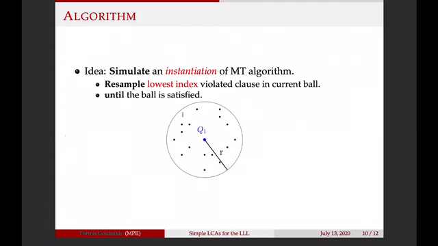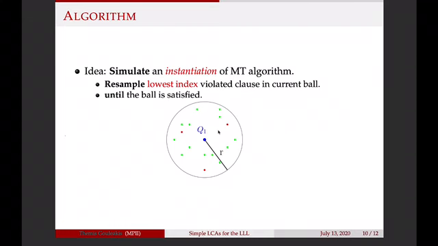First, we focus on this ball of radius r, and we first get a partial truth assignment drawn by the underlying distribution of the variables. And this assignment might satisfy some clauses, denoted by green here, and might violate some other clauses, the red dots that you can see in the picture.